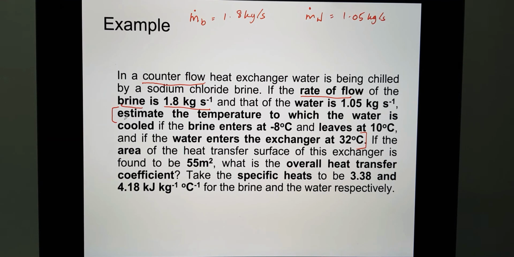Alright, and then the question asks you to estimate the temperature to which the water is being cooled. So this particular process involves cooling water, to cool the water by using brine.